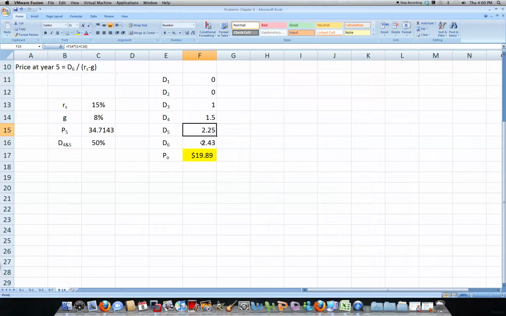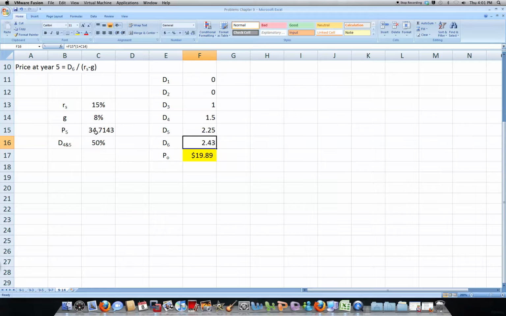Now, we know our dividend at year 6, so we can find the price of our stock at year 5, and we can use our constant growth formula. So we can say our price of our stock at year 5 will equal dividend at year 6 divided by our return of the stock minus our growth rate.